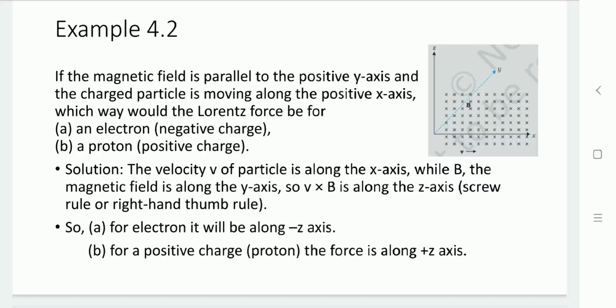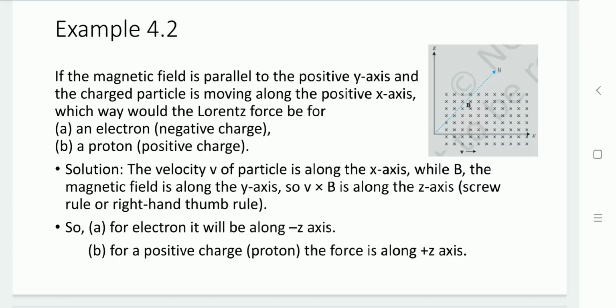Here in the diagram, 3 directions are given, x, y and z. It is given that the magnetic field is parallel to y, that is, magnetic field B is in the y direction. The charged particle is moving in the x direction. So in which direction is the Lorentz force present for the electron and for the proton?